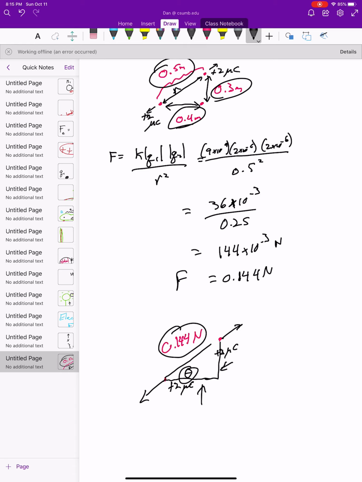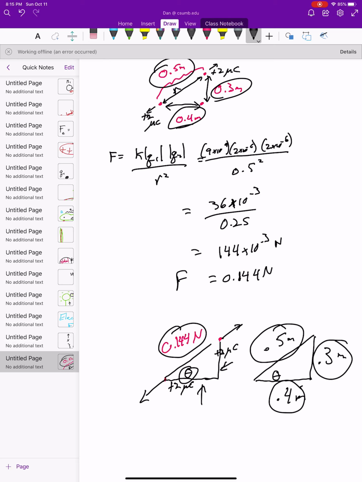Since I don't have those, I can use this triangle because it's going to be the same. It's going to be a similar triangle to the other one, 0.5, 0.4, 0.3 meters, theta. So I want to use SOHCAHTOA using these 3 same units. I have to use the same units if I want to do SOHCAHTOA.